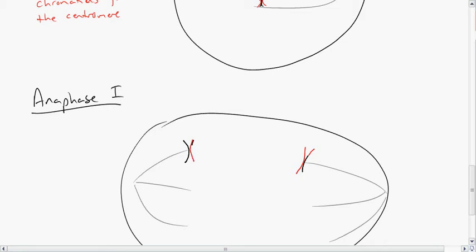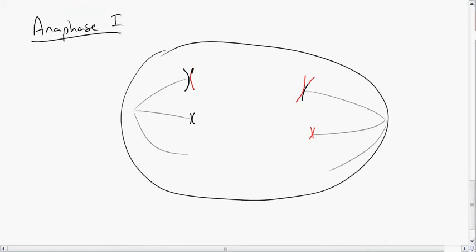So you can see in this case, we had 1 black chromatid go to the left side and 1 black chromatid go to the right side at the bottom. And likewise with the red. On the medium chromosome, I'm going to draw 2 black going to one side, 2 red going to the other side. And on the small chromosome, I'm going to draw it the opposite. But it doesn't matter, and it's random every time.